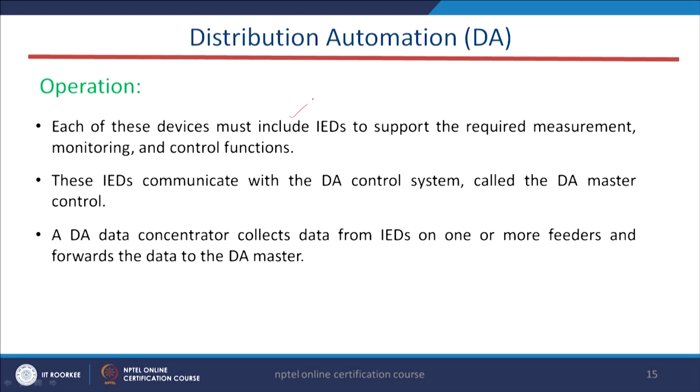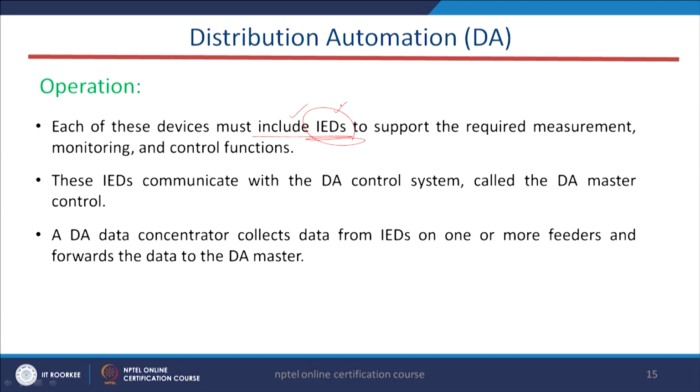Now, this is how distribution automation operates; I have written a few points. Each of these devices must include IEDs. Without IEDs we cannot make the distribution system automatic. Why? Because these intelligent electronic devices will gather information from the corresponding devices like circuit breakers, reclosers, switches, or distribution transformers.